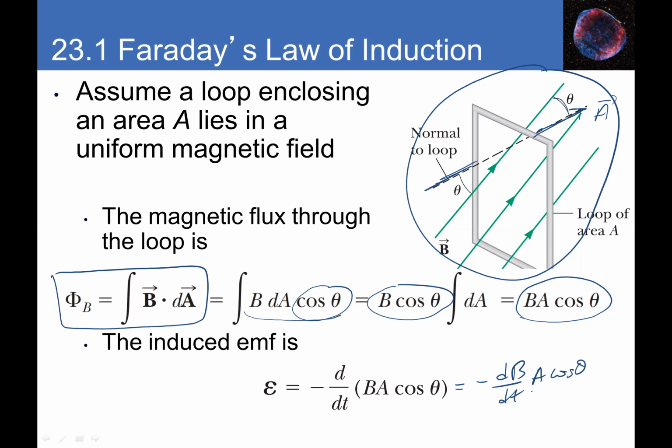Let's say I don't change the shape of the loop, the orientation of the magnetic field, or the area, but I'm changing the magnetic field strength as a function of time. Then EMF equals negative A cosine theta times dB/dt, since those other things are more or less constant. I might have to take the derivative of B if I'm given how it changes as a function of time.